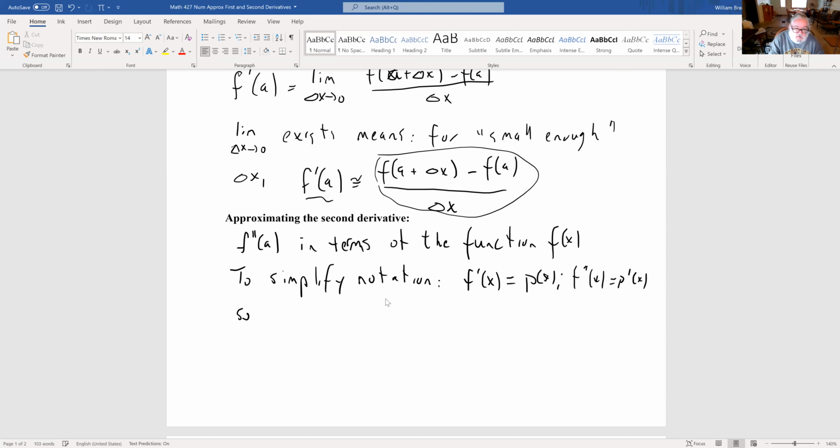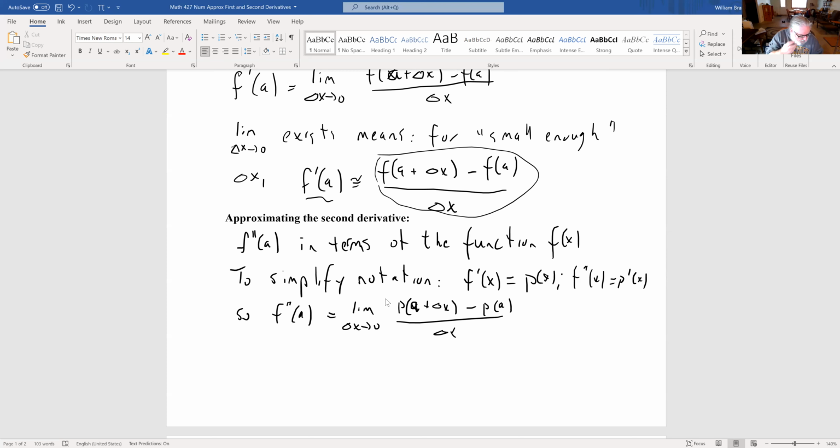So f double prime at a particular point equals the limit as delta x goes to 0 of p of a plus delta x minus p of a over delta x.